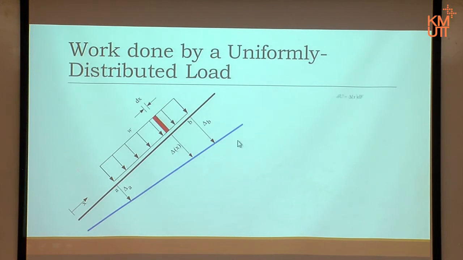So the small force is dF. And of course, to get the work done by that small element, that force at first begins here, when it moves down here, right? So the total work done is the delta times the force dF we just talked about.